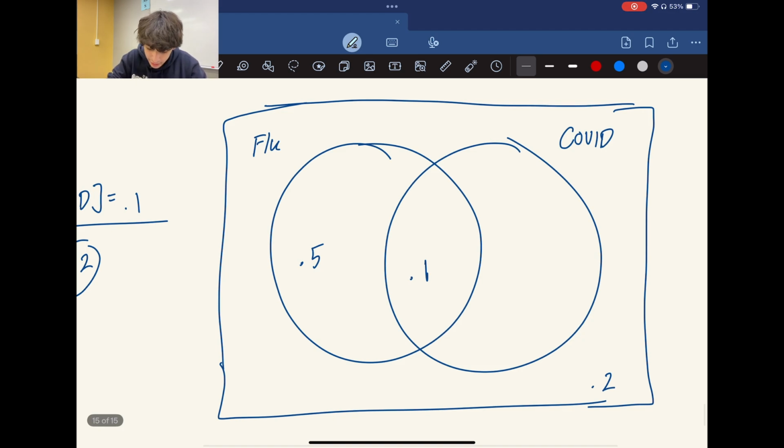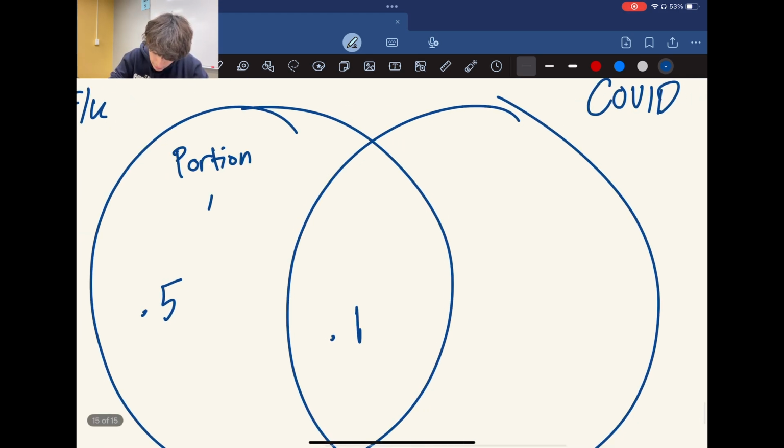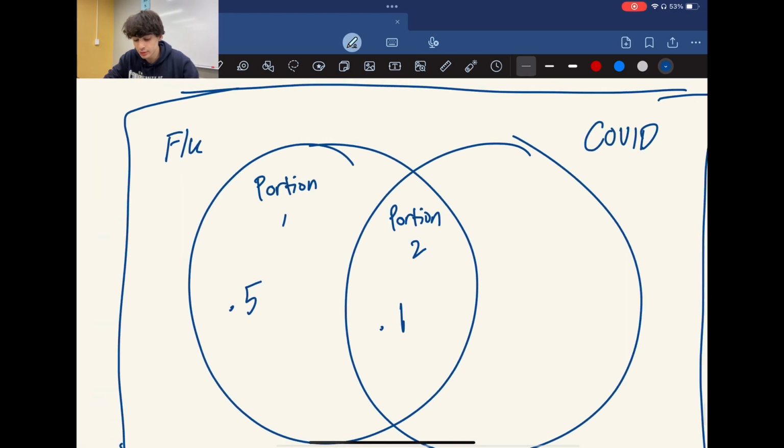And if you're not sure what I did there, it's just this. This whole circle, we could name this portion 1, and we can name this portion 2. Portion 1 is just for people that have the flu, and portion 2 is for people that have the flu and COVID. This whole circle entirely is people that have the flu.